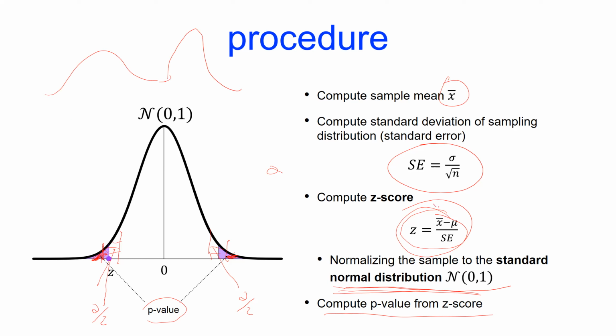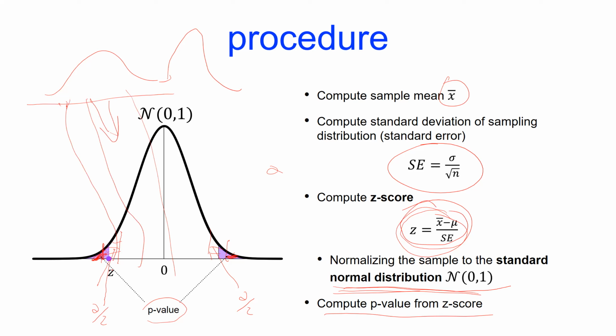If you do this, you will move your Gaussian into a 0 mean, 1 standard deviation Gaussian, and each point you will find one corresponding point here. So it's a kind of one-to-one map. In this case, you can use the mapped points to calculate your CDF by checking your table.